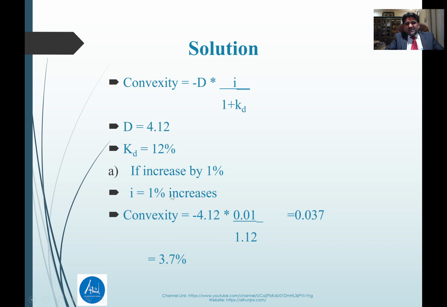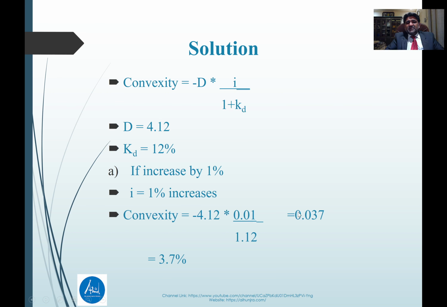It was increased by 1%, so the value of interest change is positive, 0.01. Once we convert 1% into decimal, it will be 0.01 divided by 1.12, where the value of KD is 12%.